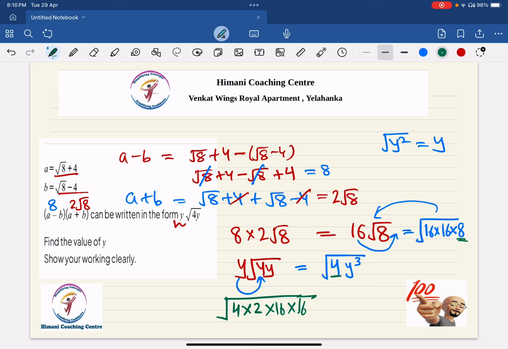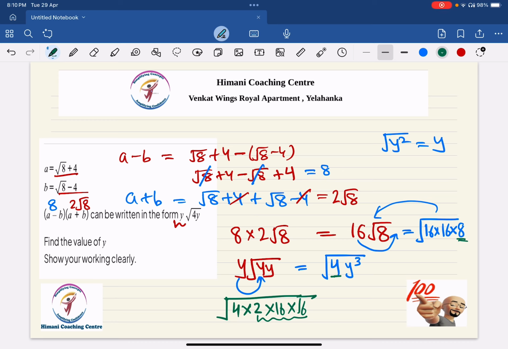So we have got 4. Now this number 16 into 16 into 2 is a perfect cube. So we have to factorize in such a way that we get a cube. Okay, so now think what is happening. 16 is 2 to the power 4.